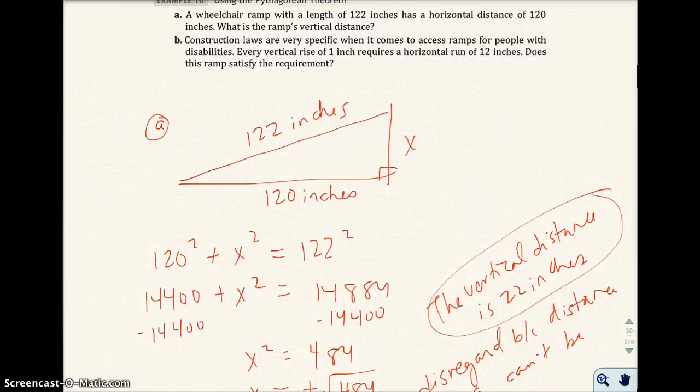So for every 1 inch of vertical rise, you need 12 inches of horizontal run. We have a vertical distance of 22. We have a horizontal distance of 120.